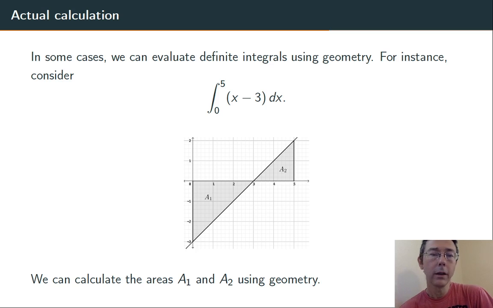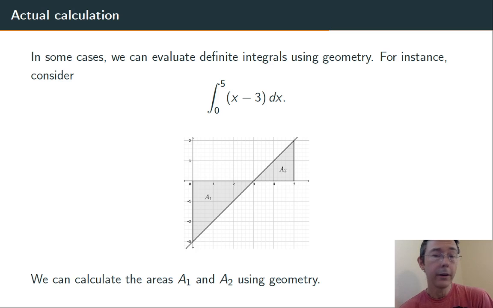In some cases, we can evaluate definite integrals just by using geometry, and you should keep this in mind when you encounter definite integrals down the road. For instance, the integral from 0 to 5, x minus 3 dx, is a good candidate for this. We can graph y equals x minus 3, and then shade in the region between that graph and the x-axis between 0 and 5, and see that we just get a couple of triangles.